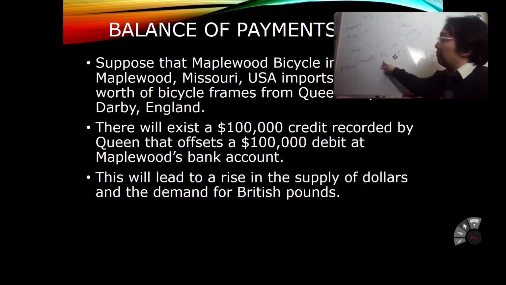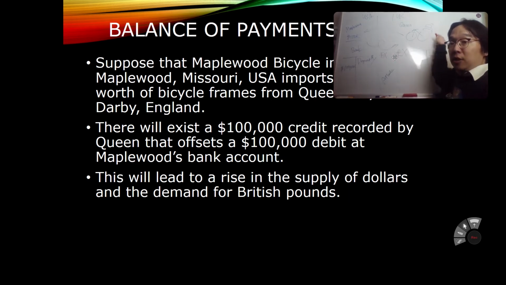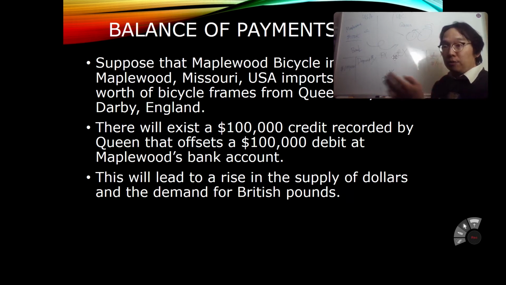Because as I said before, if you introduce this FX market, and this is British guys, we have to convert it into British pounds. They only accept British pounds in this example. Then you'll have to convert it, so your demand for British pounds will increase to satisfy this guy, and the supply of US dollars will increase because of the payment that you have to make.